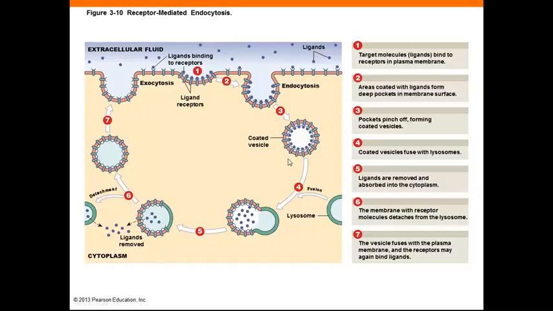Okay, so you have this vesicle, and so now you've moved all of these ligands into the inside of the cell, and that's that process of endocytosis. So this is your receptor-mediated endocytosis, and a variety of things can happen from there.